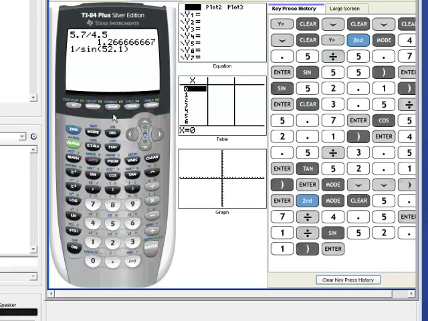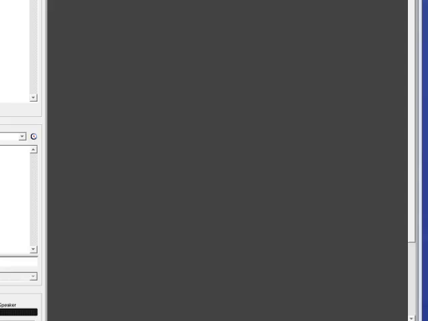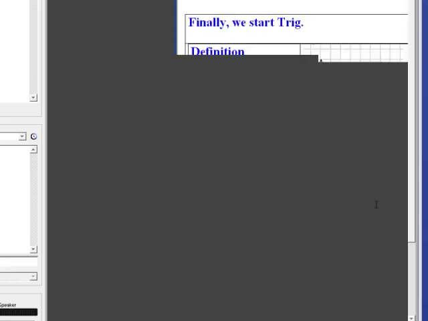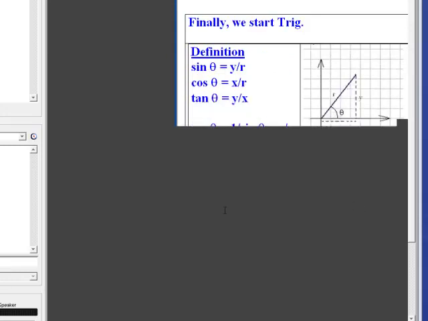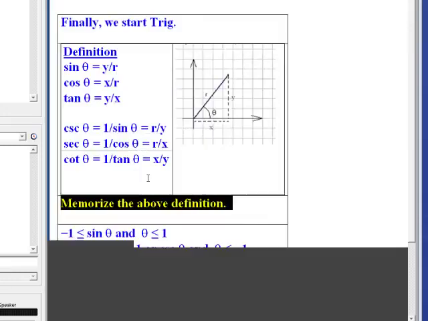And that comes out to 1.26. As you can see, the calculator does not have the cosecant, secant, and cotangent functions. So whenever we do that, we have to use 1 divided by sine, or 1 divided by cosine, 1 divided by tangent. With that, I'm going to go back to the lecture in Word, and here memorize the above definition.